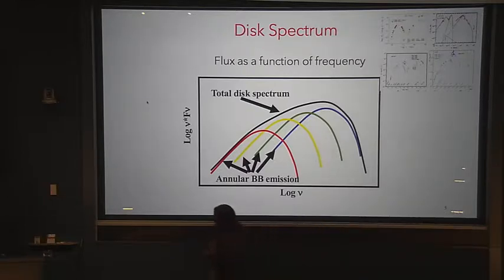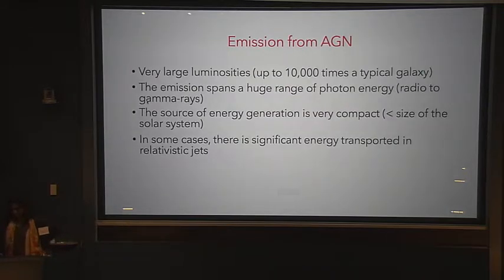And I just have a few observed spectra on the top to show you that this general idea of a sum over black bodies is not crazy for the disk itself, although you see other features that show up, and we'll see what those features are in a minute.